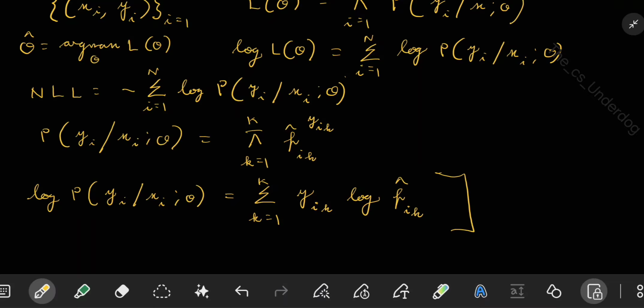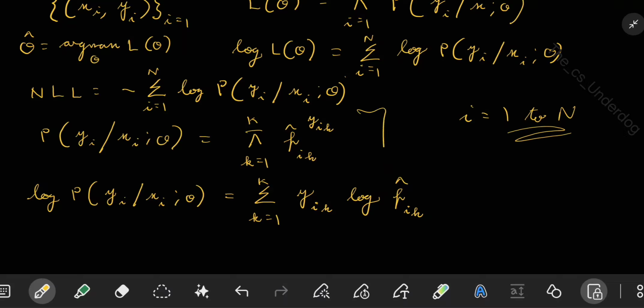In the negative log likelihood, what is your actual term? It has a negative sign in front, and you have to consider all the n samples. One thing to keep in mind: this one I derived just for the ith sample. You have i equal to 1 to n, n different samples.